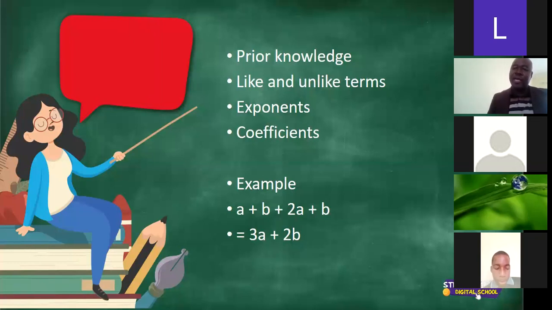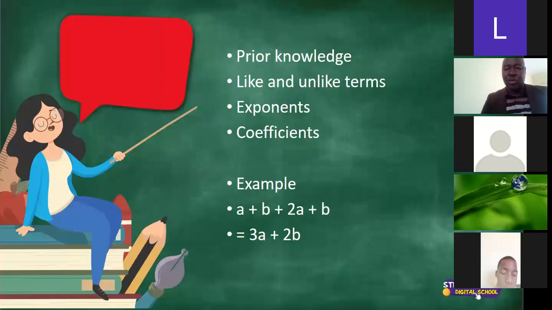If you add A together with 2A, the final answer you get will be 3A. And if you add the first B plus the other B, you get 2B. So that is why our answer in this case is 3A plus 2B.